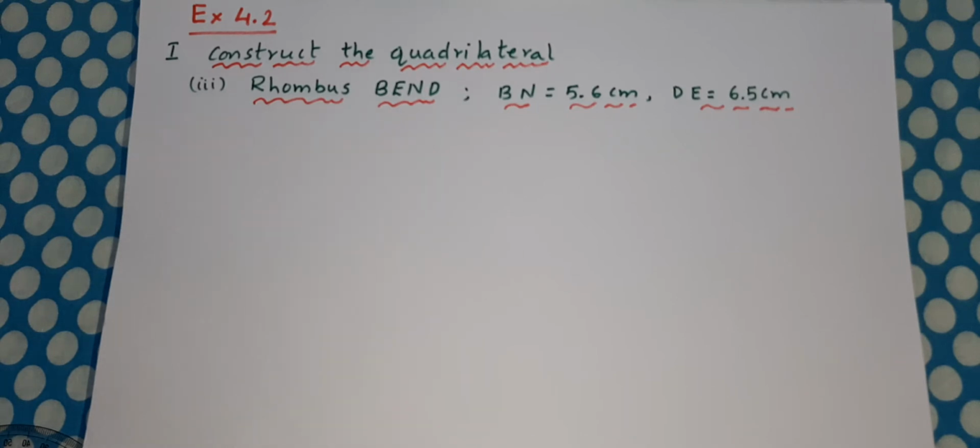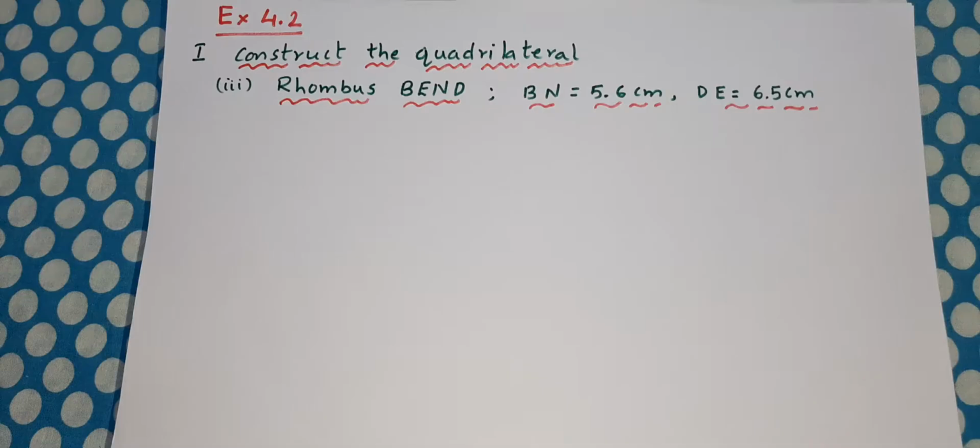Right. We know that the 2 diagonals intersect at one point, and in a rhombus the diagonals are perpendicular bisectors of each other. So from that we are going to find the sides and draw the construction.